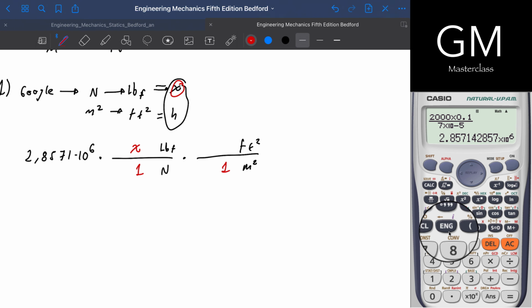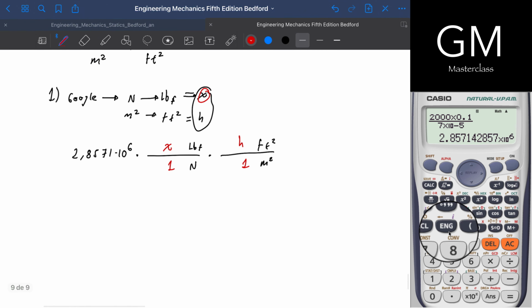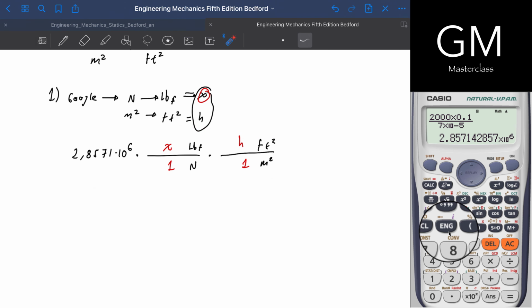So 1 square meter is equal to h quantity of square feet. And then I just have to put this equation on the calculator, and that is going to give me the final result. Or maybe I haven't tried that yet.